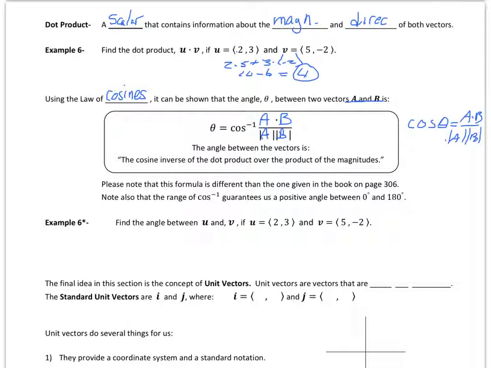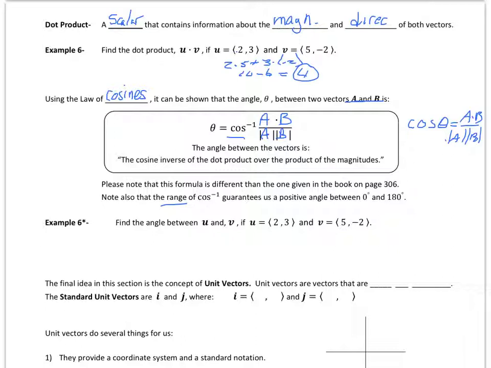But we always want to solve for theta if we're looking for an angle, so you have to take the arc cosine of both sides. Just to review, what is the range of the arc cosine? It's from 0 to 180. So this guarantees us a positive angle between 0 and 180.